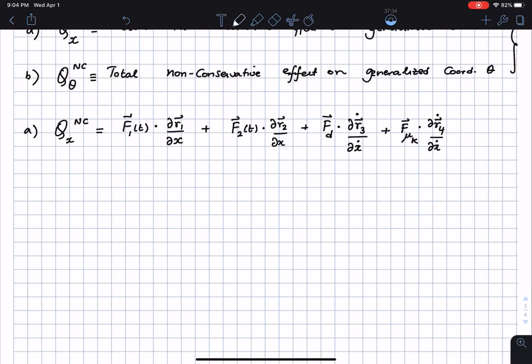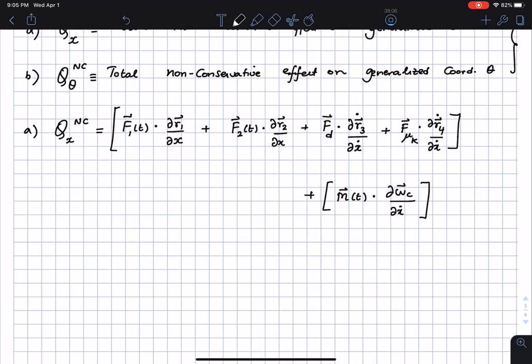So these are all the forces which are acting, plus I'm going to have M of t dotted with d omega of the cart by dx dot. This is the entire set of non-conservative forces and torques that are acting with respect to the generalized coordinate x.